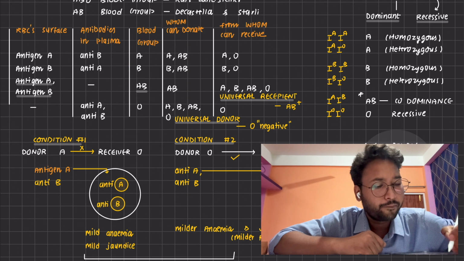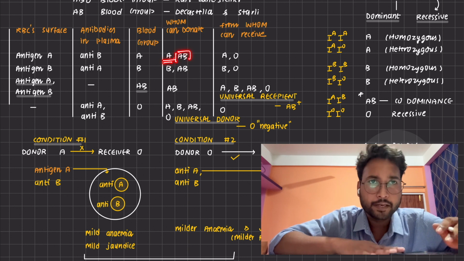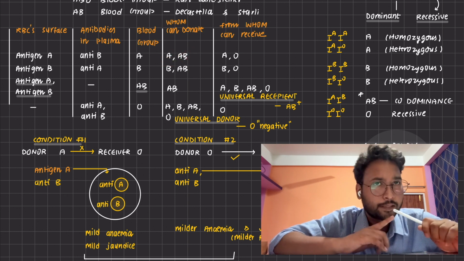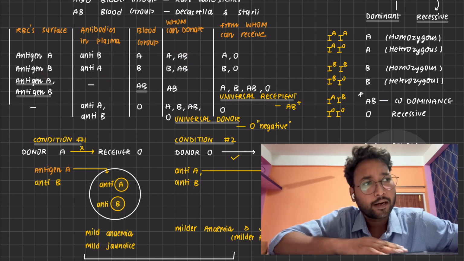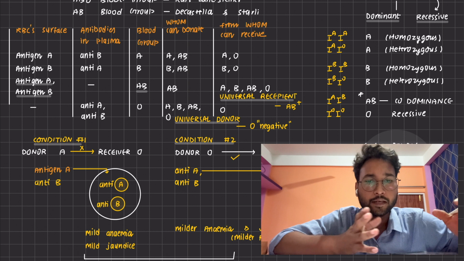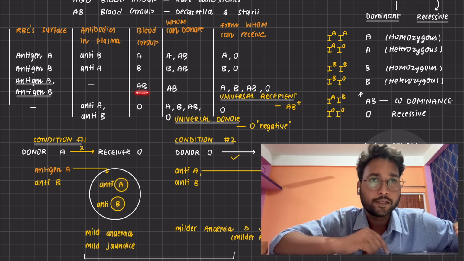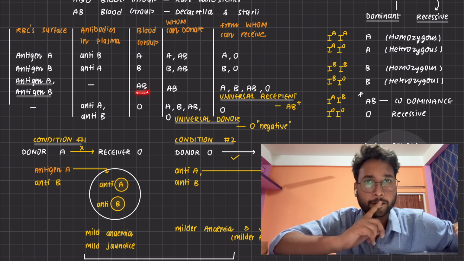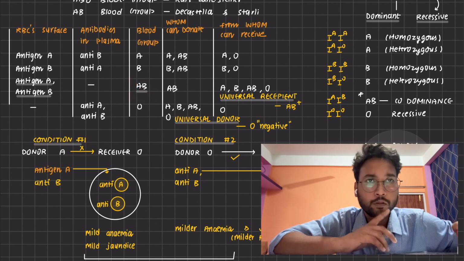The patient with blood group AB is the nice scenario. If a patient has AB blood group, it means it has both antigens, antigen A and antigen B, on its RBC surface. There is no other blood group where we can find both the antigens.